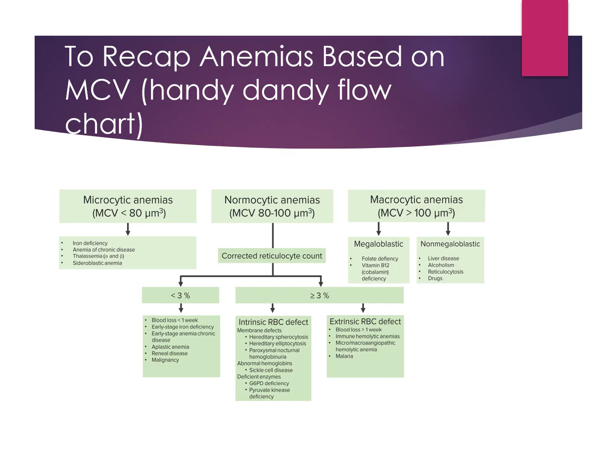And of course, you guys all know how much I love a handy dandy flow chart. We like to categorize easily our microcytic anemias, our normocytic anemias, and our macrocytic anemias based on our MCV. And then the different types of things that could cause that or different conditions that could be classified under those categories.